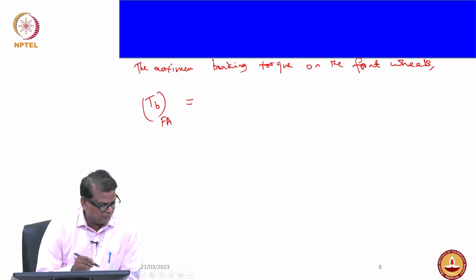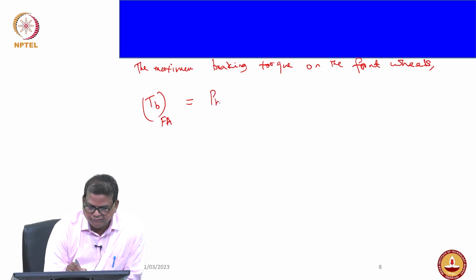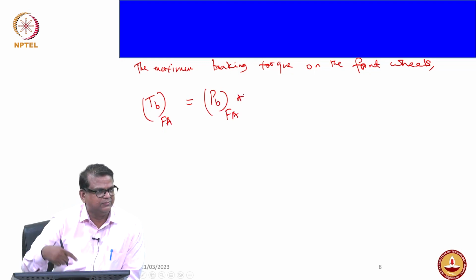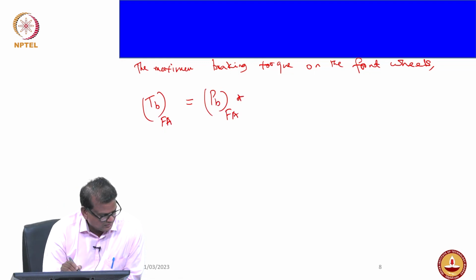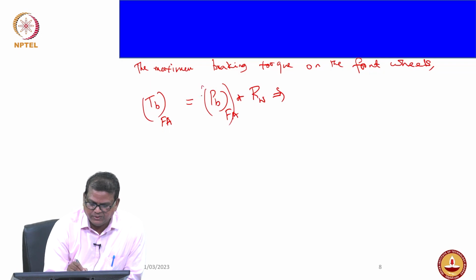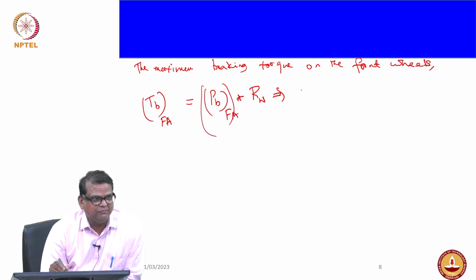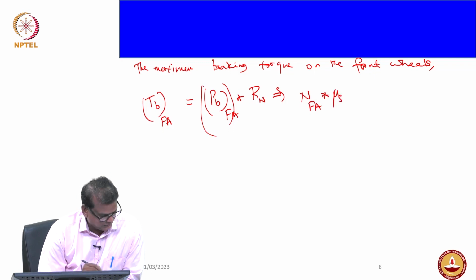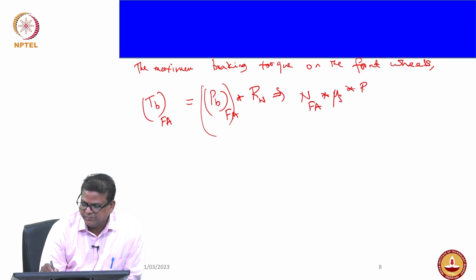That depends upon FB, FA, into the radius of the tire, RW. So instead of FB, what we can do is use NFA into mu s into RW.